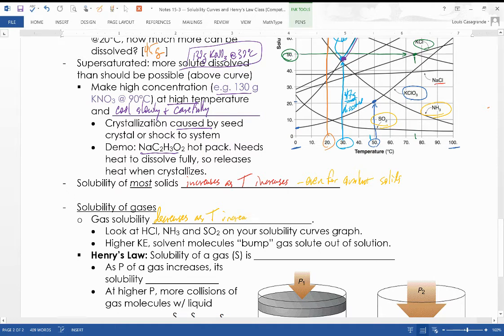And part of the reason for this is that the liquid basically bumps the gas out of solution. There it is right here. Higher kinetic energy, the solvent molecules bump the gas solute out of solution. And you've seen this, in effect, when you see soda that goes flat.